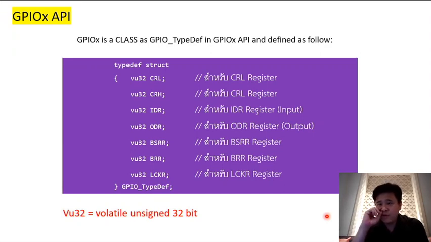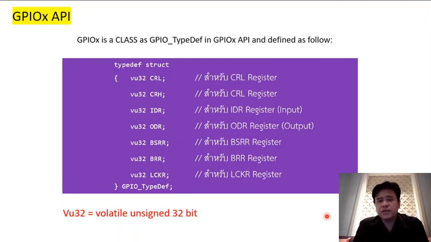Okay, then we move to the second group. The second group is called structures. Why? Because if you go through GPIO, right? GPIO consists of a lot of registers in a group. Then they combine everything together and create a new class or a new group, if you know object oriented, right? The new class is called GPIO TypeDef.